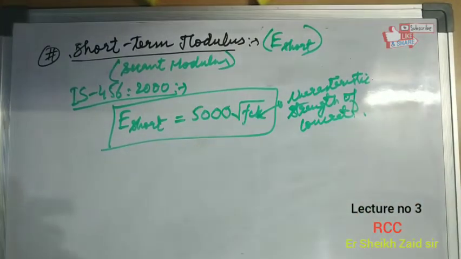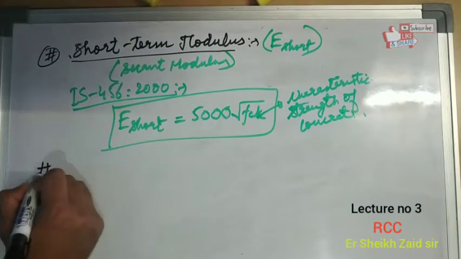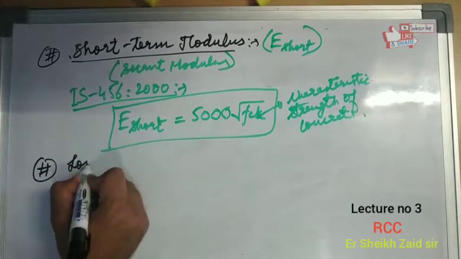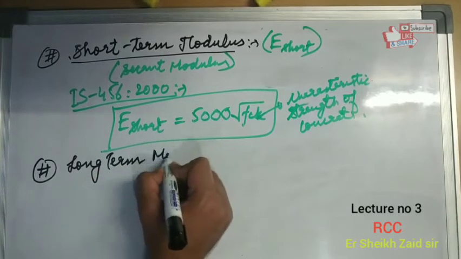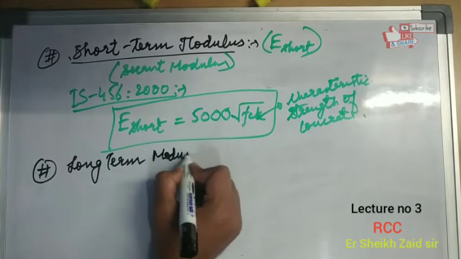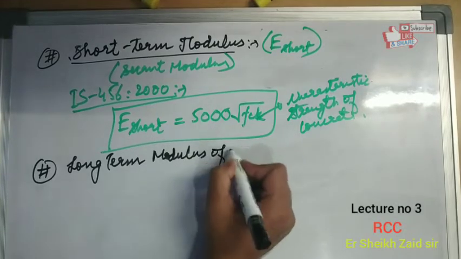So this was all about short-term modulus. Now moving on to the next type, that is long-term modulus of elasticity of concrete.